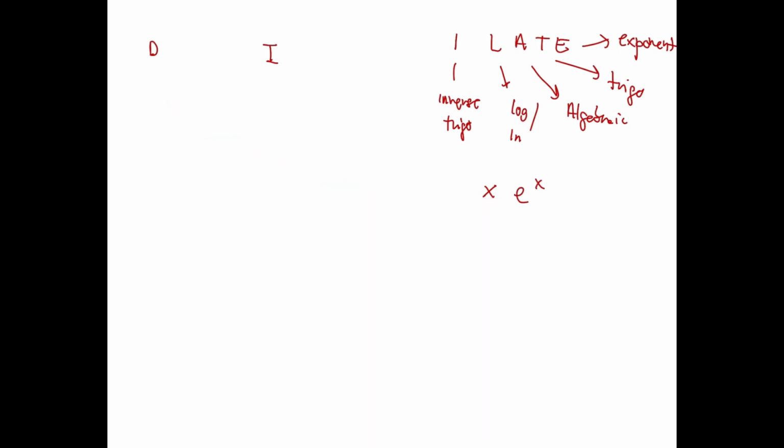So here I will put x, here I will put e^x. To differentiate, you must differentiate the terms until 0. So differentiate x, you get 1, differentiate 1, you get 0. Do this accordingly to the integration. So integrate e^x, we get e^x, integrate one more time, also e^x.